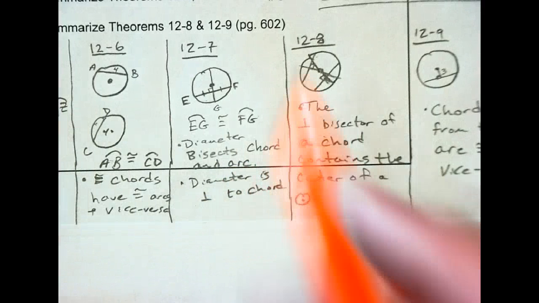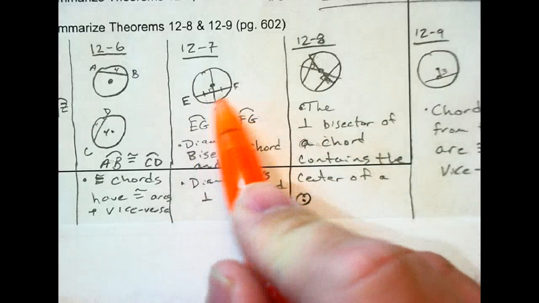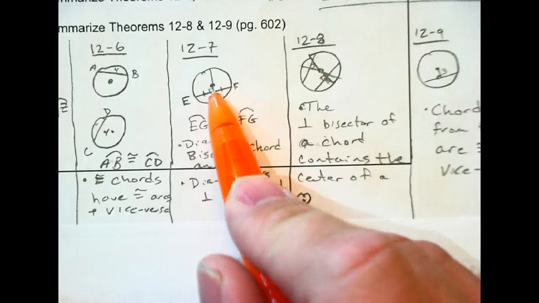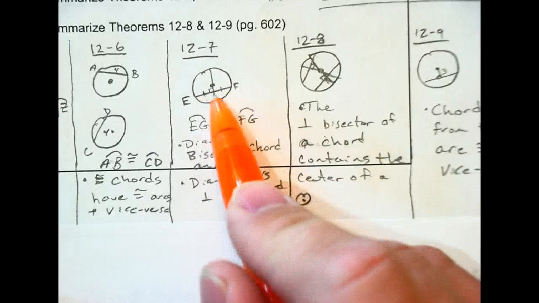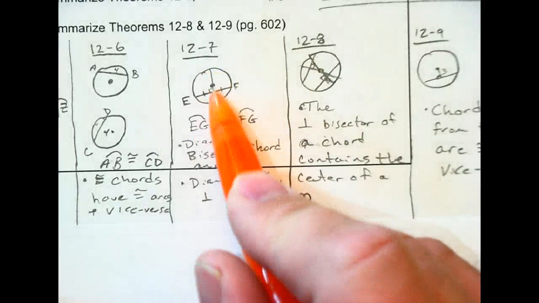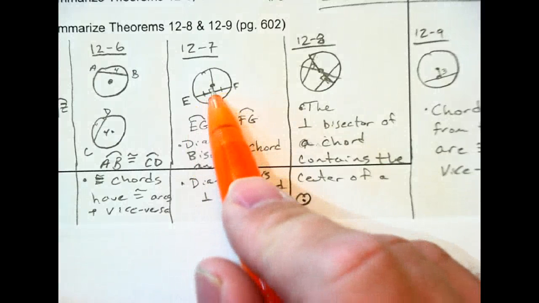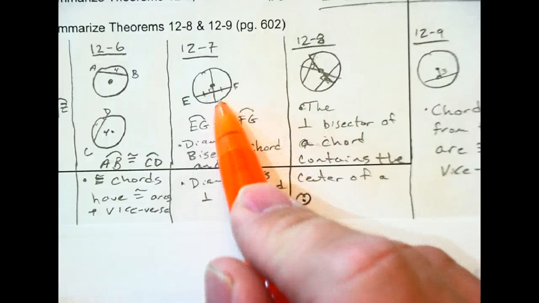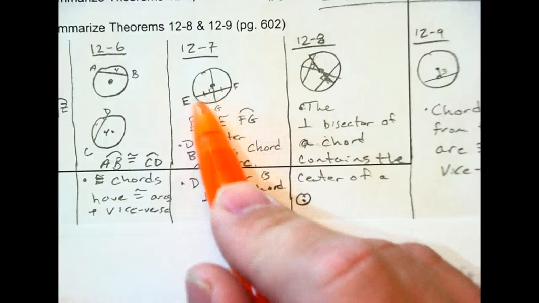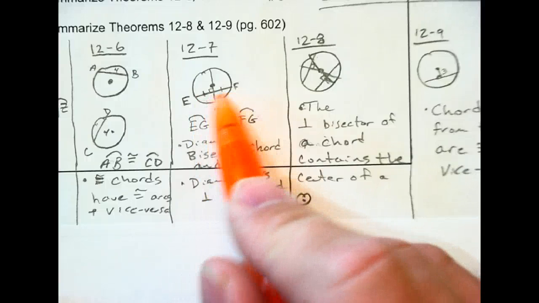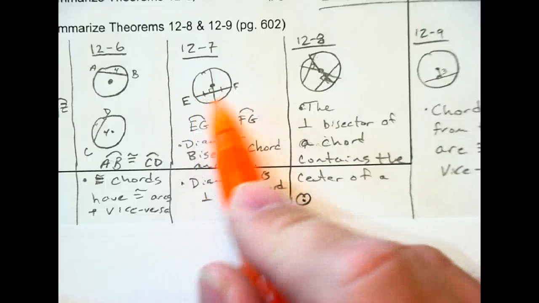So in this case, since that's congruent to that, you have a right angle and this chord is bisected. Or vice versa, you could say since the chord bisects EF at a right angle, it's also bisecting this arc EF, and you have congruent parts here and congruent arcs here.